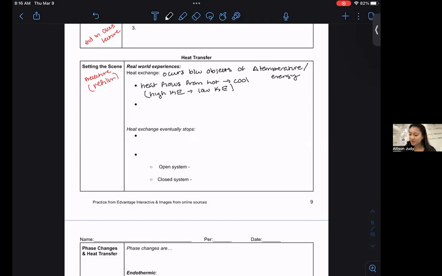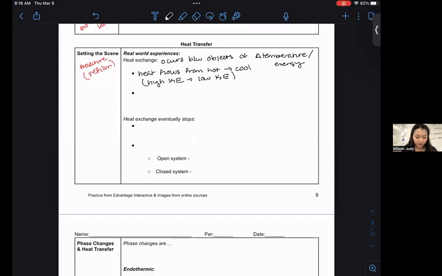But we also know, hopefully from junior high, or maybe a little bit of thermodynamics and physics, that heat is defined as the energy transfer from one body to another due to the difference in temperature.